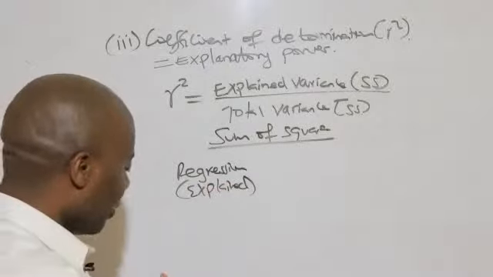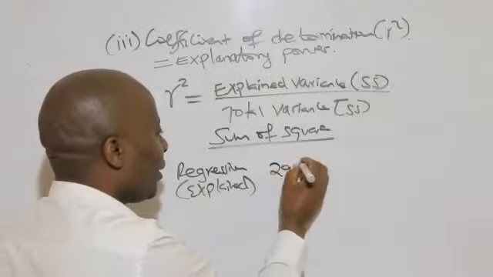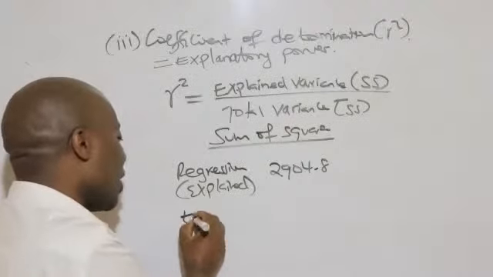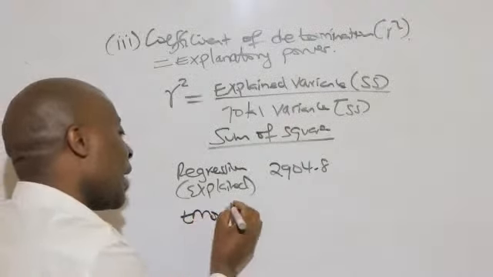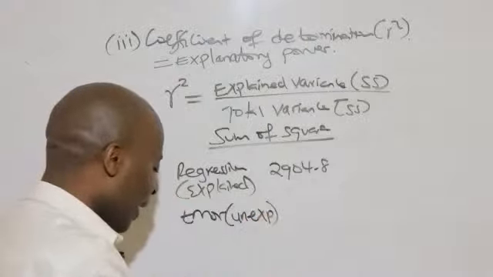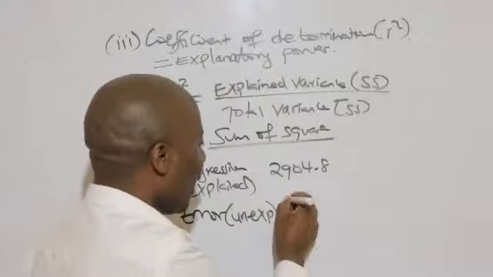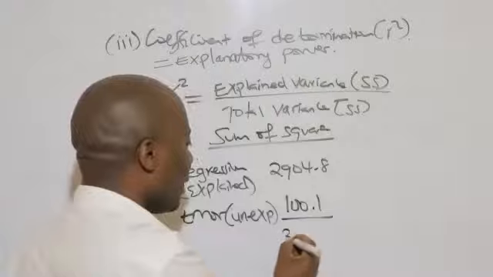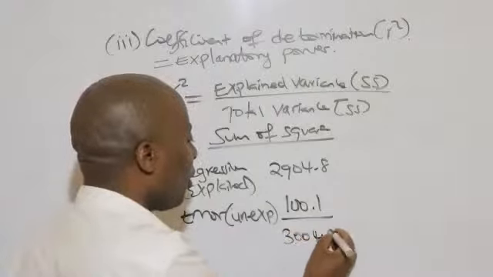The regression, ladies and gentlemen, is 2904.8. And then we have the error, which is unexplained, at 100.1, giving us a total that you gave me of 3004.9.